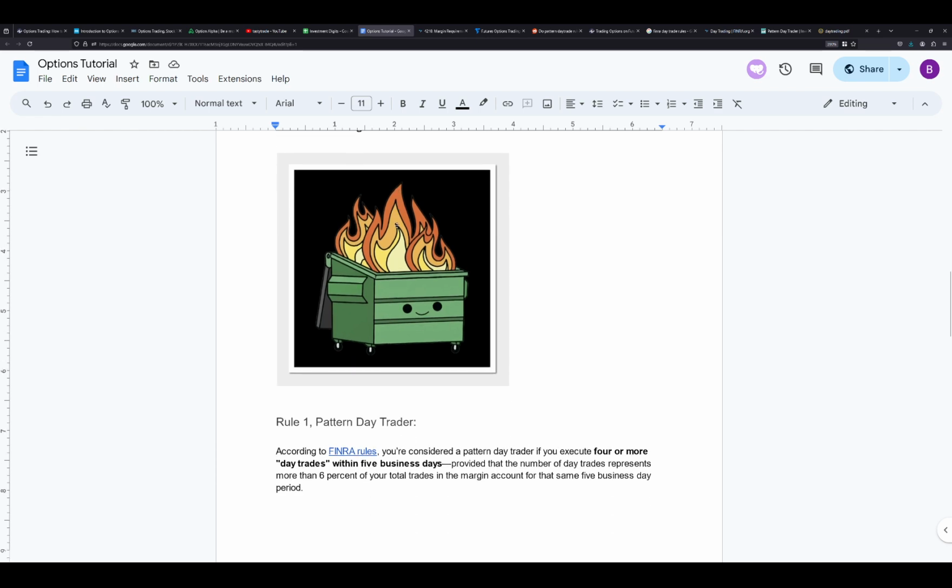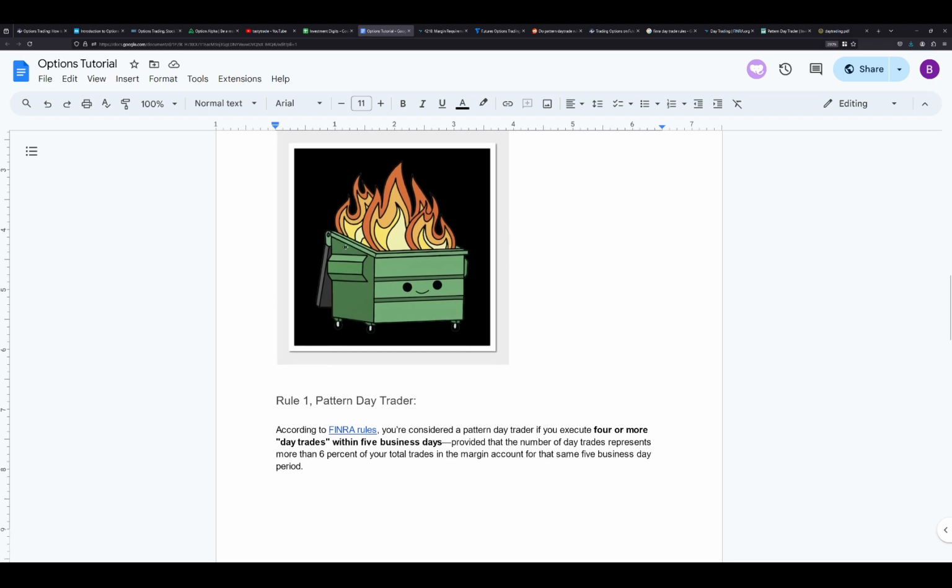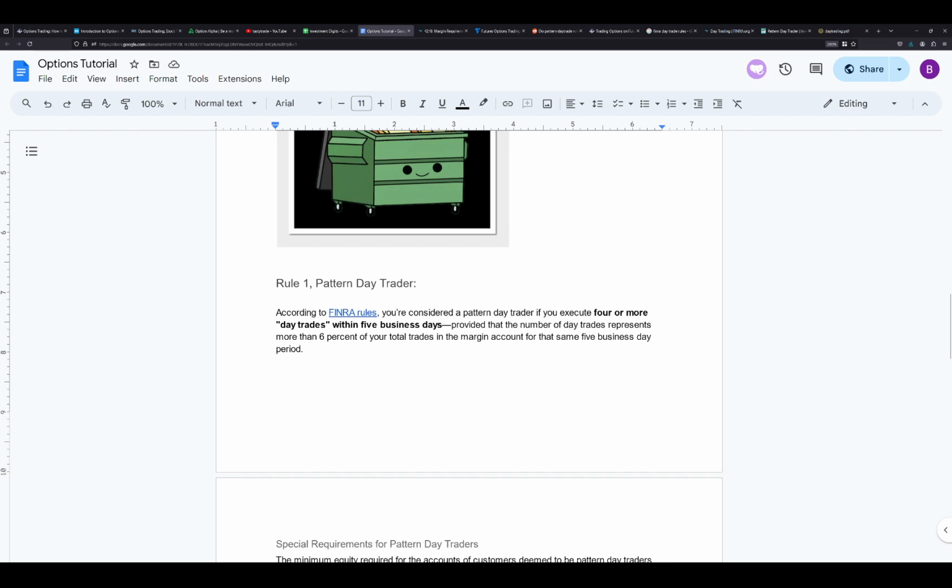Let's see. As for the FINRA garbage laws to be aware of is pattern day trade. There are 2 rules. One of them is pattern day trader. You are considered a pattern day trader if you execute 4 or more day trades within 5 business days, that's stocks or options, provided that the number of day trades represents more than 6% of the total trades in the margin account for that same 5 business day period.